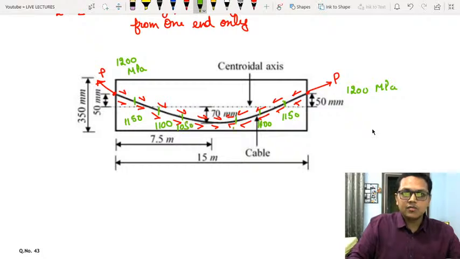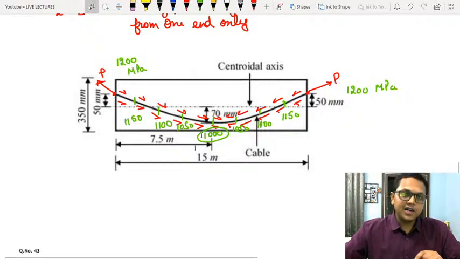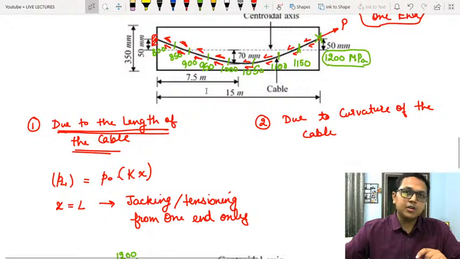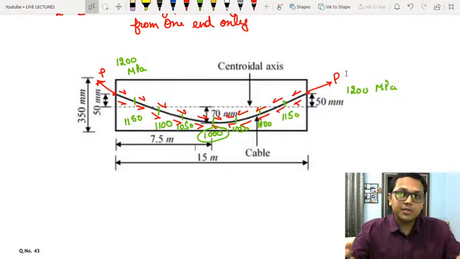Over here also it is 1050, and at the midpoint it will be 1000. So the pre-stressing force that is left at the end is 1000, and throughout the length it is more than 1000. If we compare it to the previous case, it had reduced down to 800. So we can see clearly that when the jacking is done from both the ends, the effective loss in the pre-stressing is lesser than in the previous case.